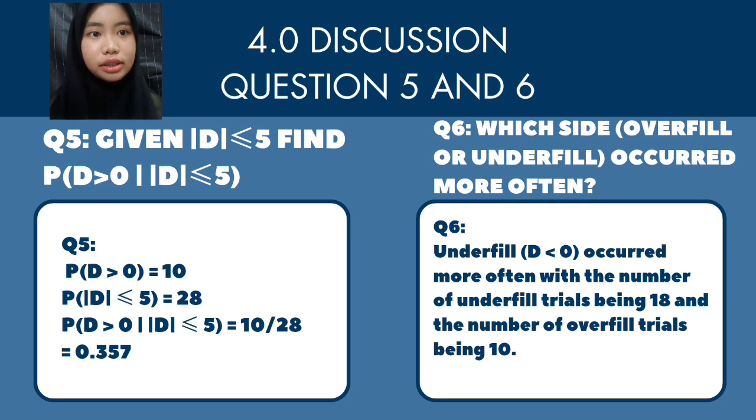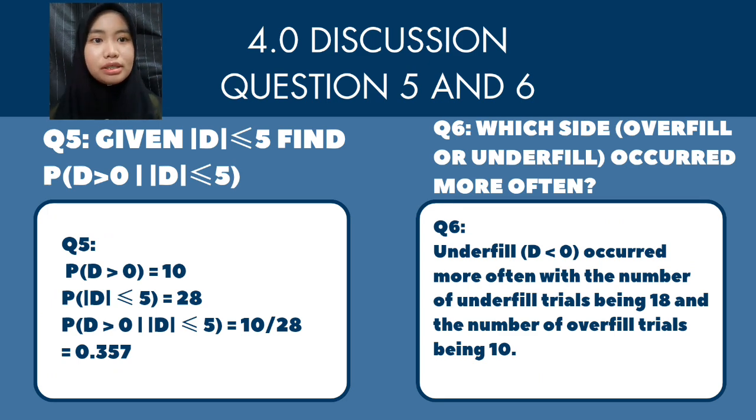Then we have 28 trials for the probability of modulus D less than or equal to 5. Now, let us answer the question. The probability of D more than 0 given modulus D less than or equal to 5 is equal to 10 over 28, and we will get 0.357.